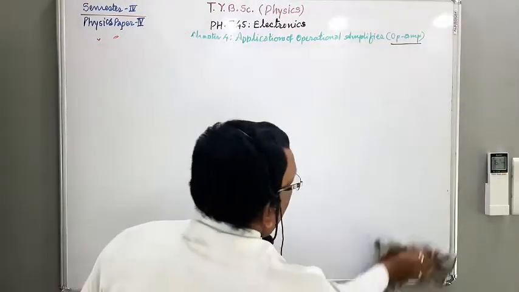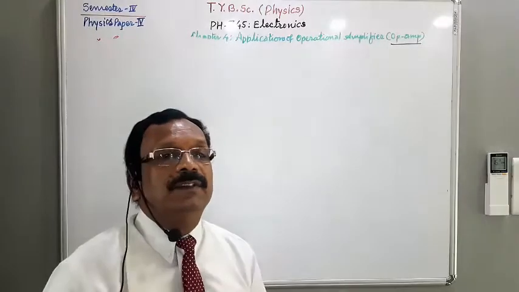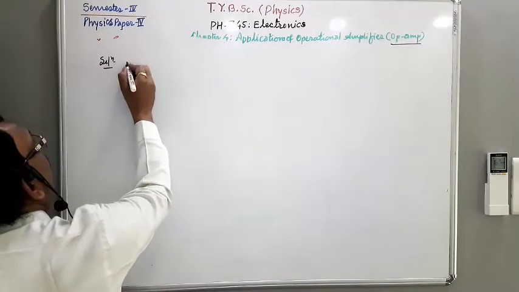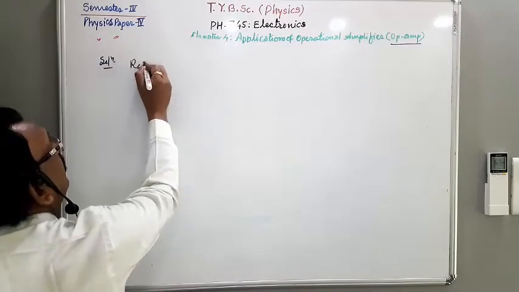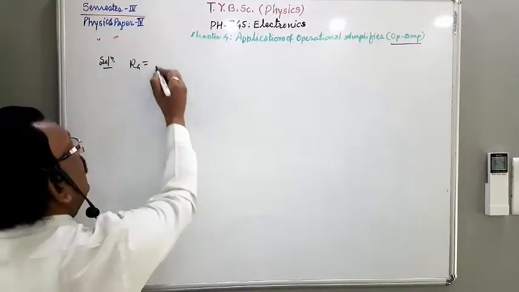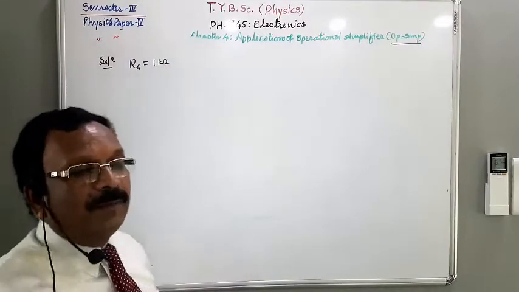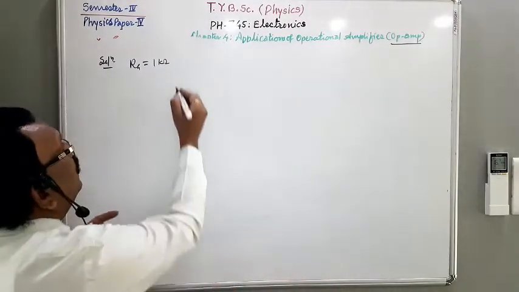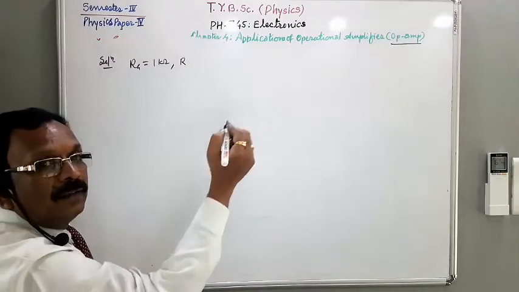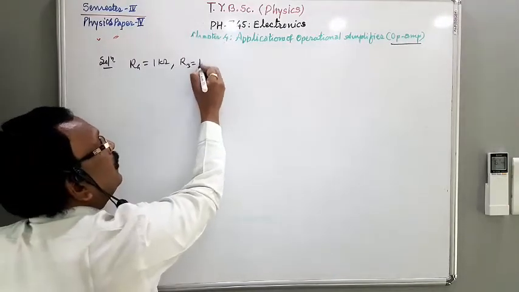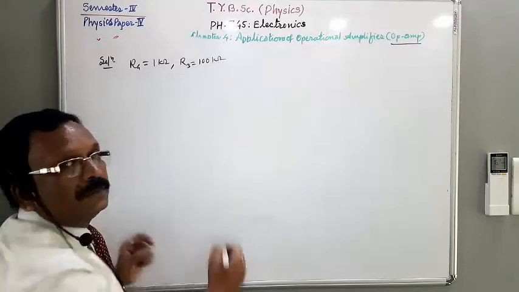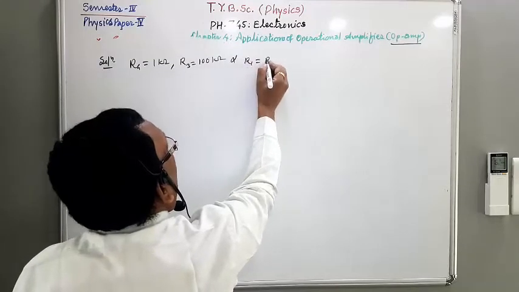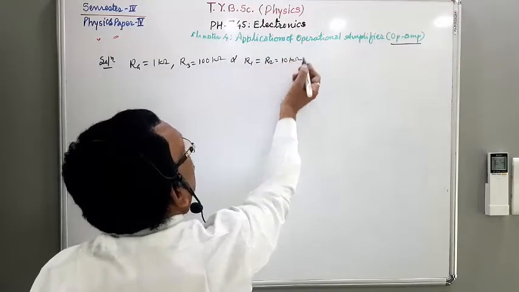The given data is: Rg is equal to 1 kilo ohm, R3 is equal to 100 kilo ohm, and R1 is equal to R2 is equal to 10 kilo ohm.